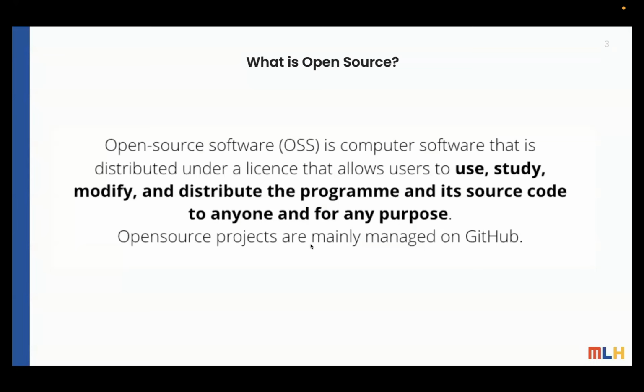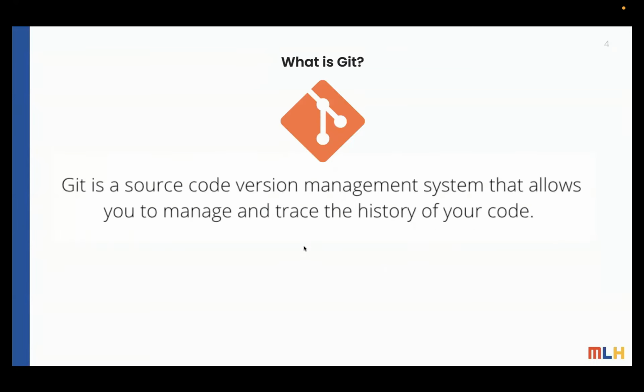Now, this open source software is leveraged through a sort of version control system. We have several version control systems, like SVN, called Subversion, and then we have Git.